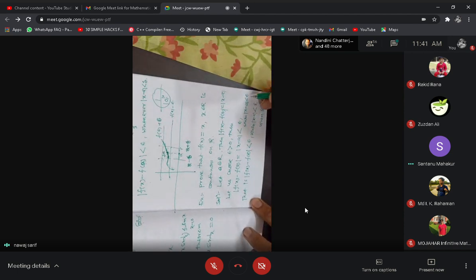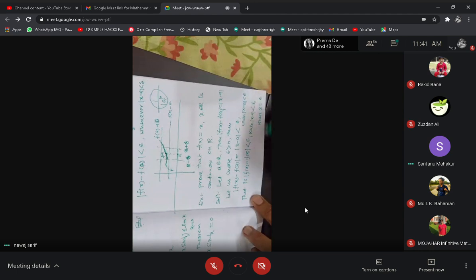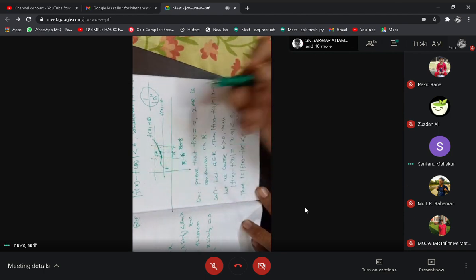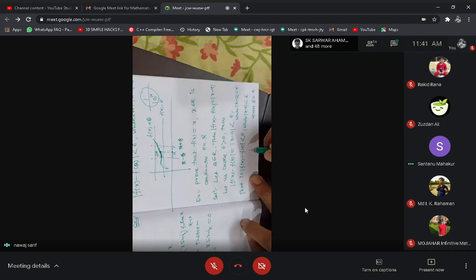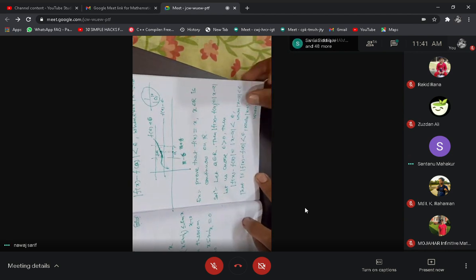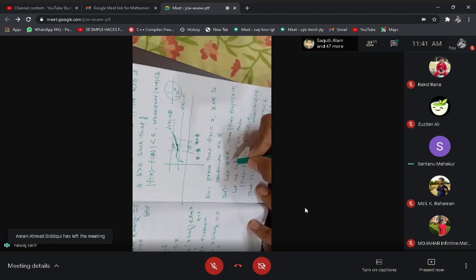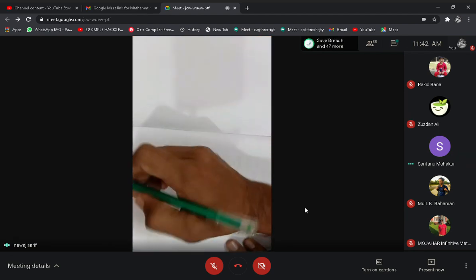So we choose delta equal to epsilon, and so mod of f(x) minus f(a) is less than epsilon when mod of x minus a is less than delta, and this is our goal. That means f(x) is continuous at a point a. Since a is an arbitrary number, we can say that f(x) is continuous on the set R.